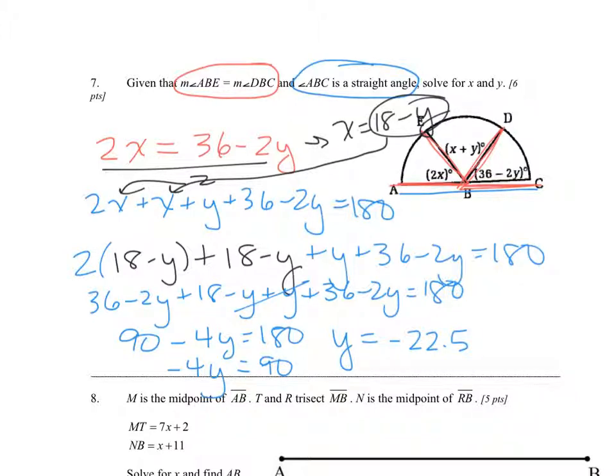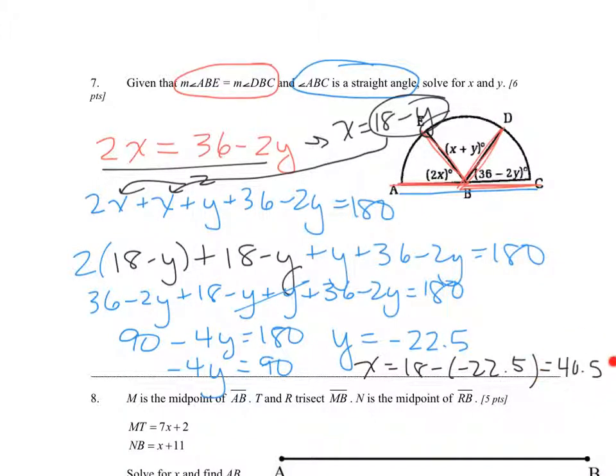Right, so x equals 18 minus negative 22.5, which is 40.5. Okay, like I said, if we just double check, if we plug this in, 40.5 times 2x, okay, that gives us a positive angle here, so we're okay.